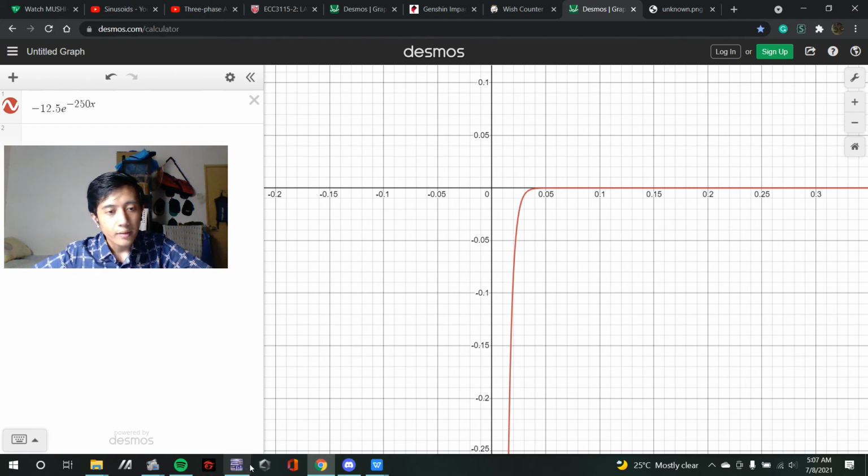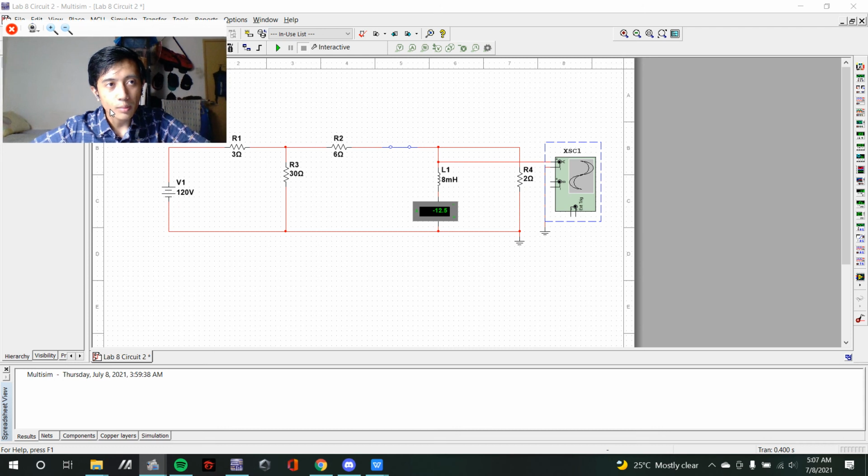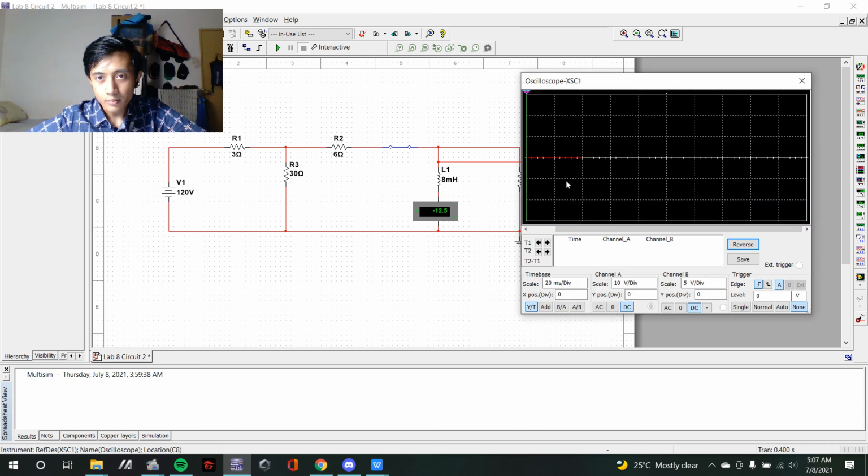To prove that, we can use the simulation in Multisim. This is the oscilloscope. At first, the switch is closed for a long time. And then at t equals 0, or at 5 milliseconds, or t more than 0, the switch is opened.